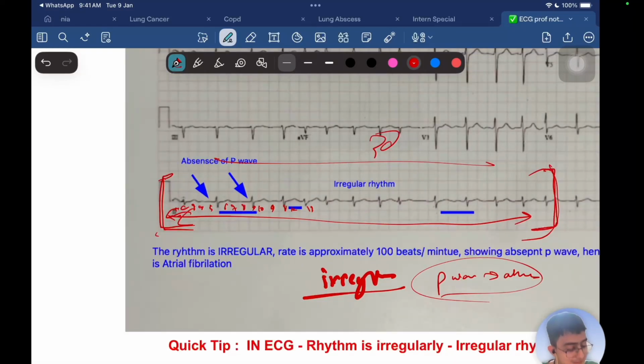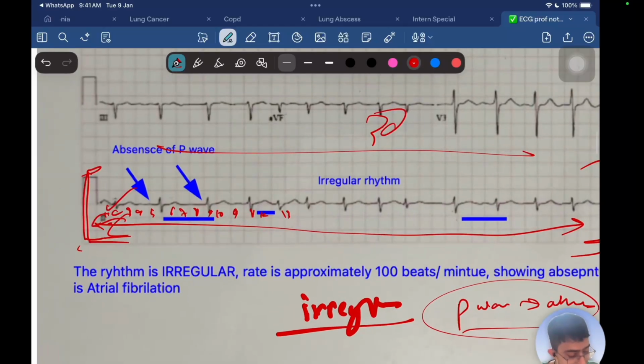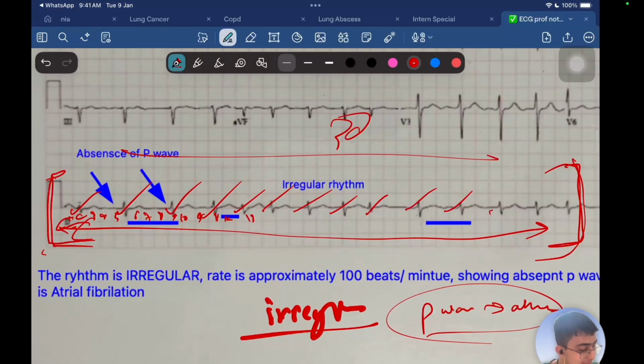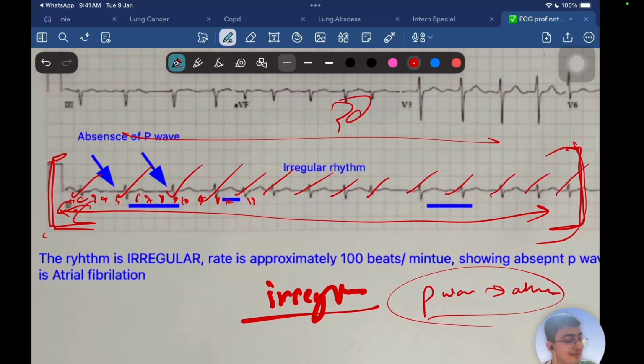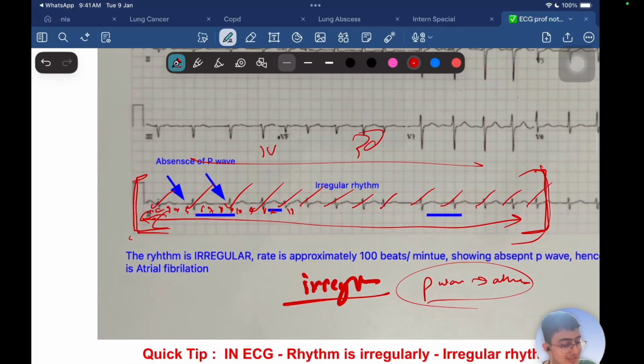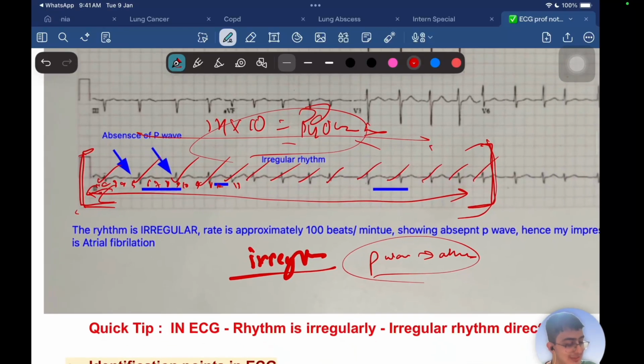So how many R waves are here? 1, 2, 3, 4, 5, 6, 7, 8, 9, 10, 11, 12, 13, 14. Probably I counted more than 30 boxes. So if it's 14 times 10, that's 140 beats per minute. Apparently this much must be 30 boxes, and that's how I calculated 100 beats. Makes sense.